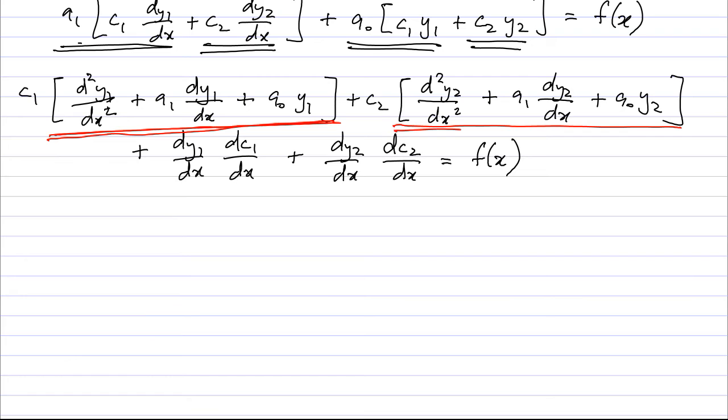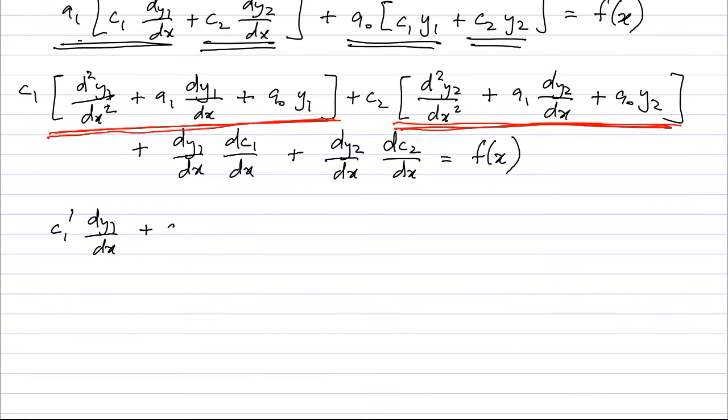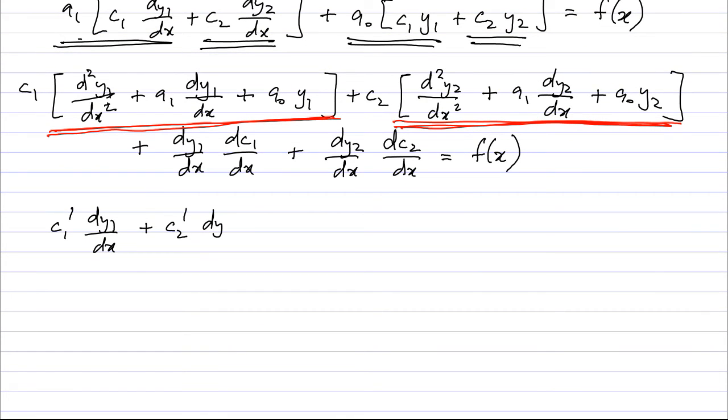And the fact that y2 is also a solution of your homogeneous linear differential equation means that this thing is also equal to 0. So you are simply left with the second line, namely, again with the prime notation for the derivative, c1 prime dy1 by dx plus c2 prime dy2 by dx is equal to f of x.